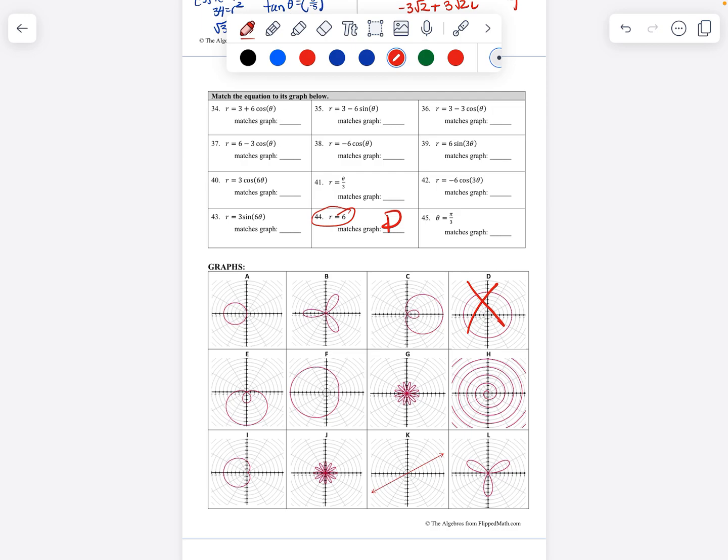This is just a line, so that's K. This is a circle to the left, so that's a cosine circle. And it's got to be negative cosine. Or does that have a dent in it?